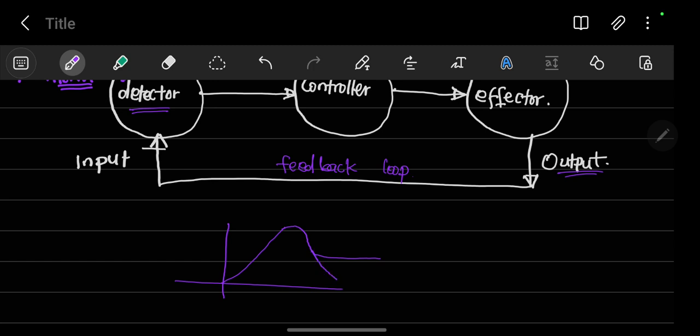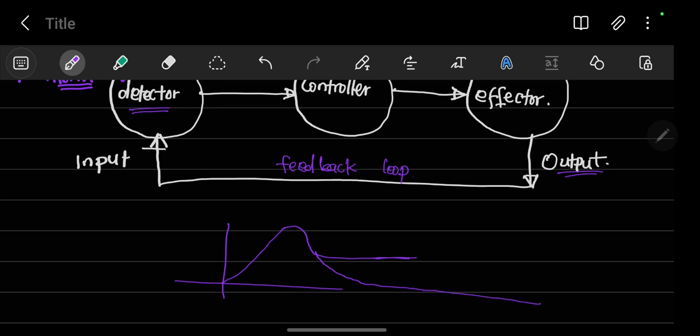The detector is going to be detecting that restoration of the norm, such that we don't have these cases of continuous deviation down.